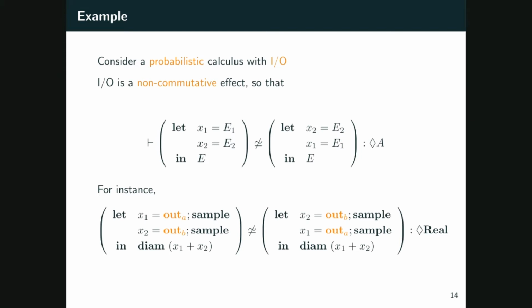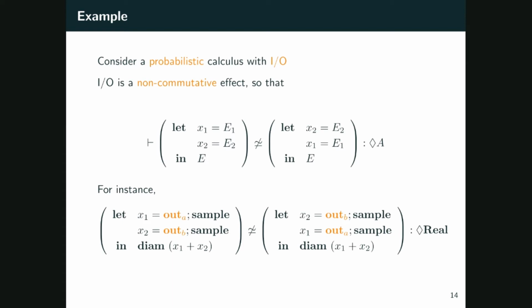As we have seen in the introduction, in a rather informal way, input-output is a non-commutative effect, which essentially means that the commutativity of sequencing does not hold. And therefore, even in the calculus with randomness and I/O, we cannot have, in general, soundness of commutativity of sequencing.